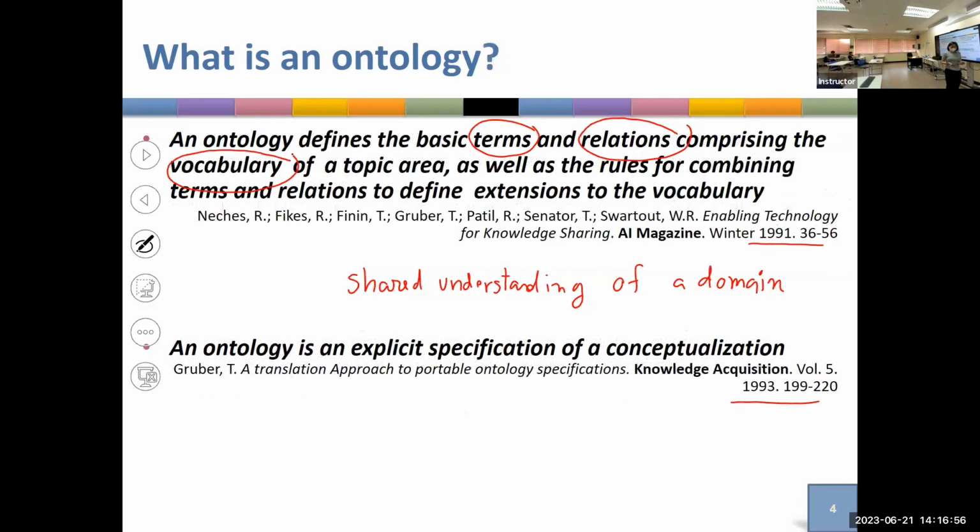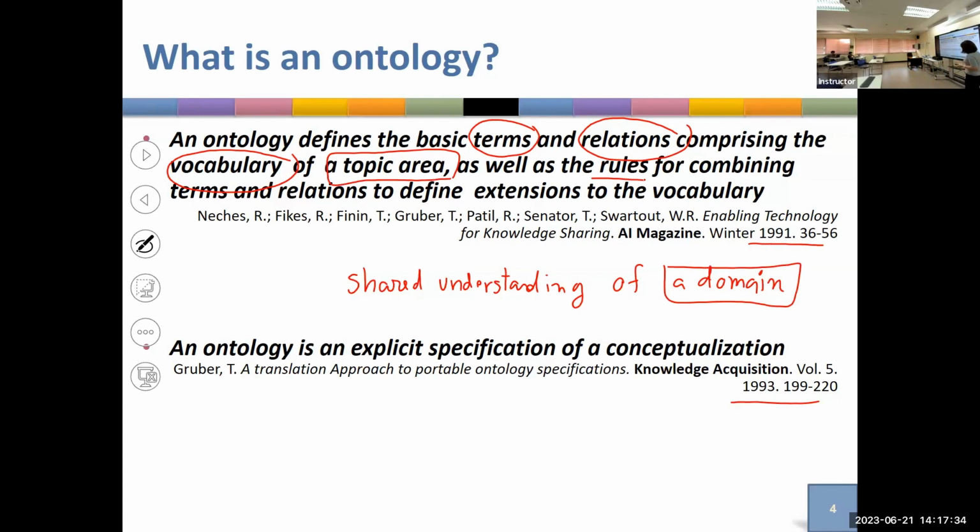We are defining terms, relations, or in other words, vocabulary of a certain topic area. This is the same thing as what we mean by a domain, right? A domain is an area of the things you are interested in, as well as rules. Rules could mean condition, relation, restriction, axiom. Okay, so this is one definition.